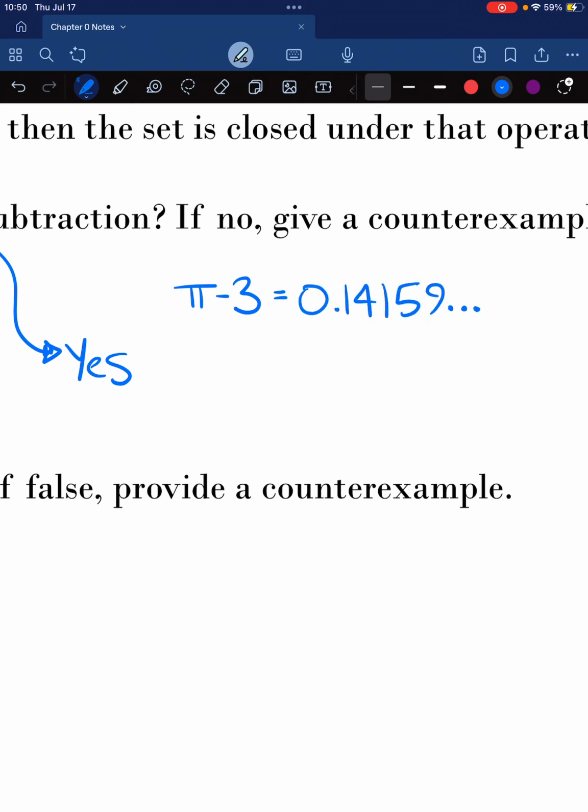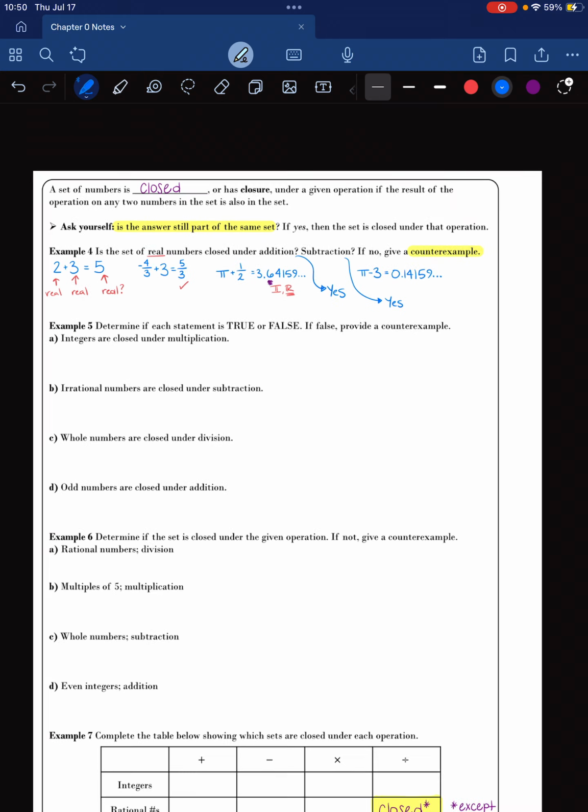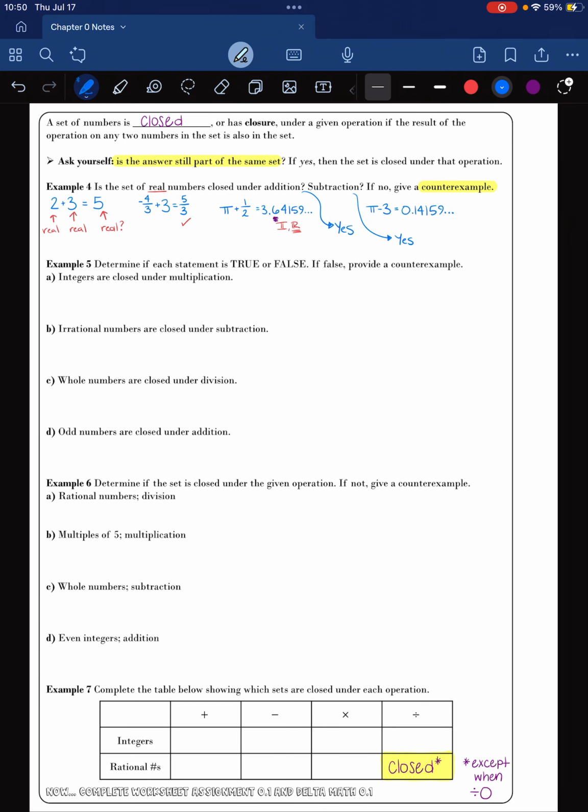So that is still irrational. Irrationals are real numbers. So again, I'm never going to be able to find a counterexample, and that's an important word. I will never be able to find a counterexample where the answer is not real. So yes, the set of real numbers is closed under subtraction as well as addition.